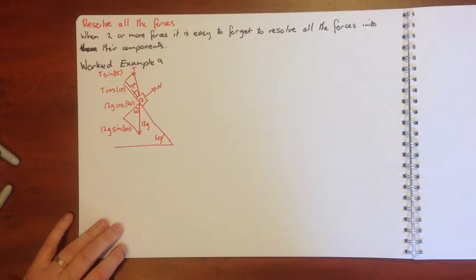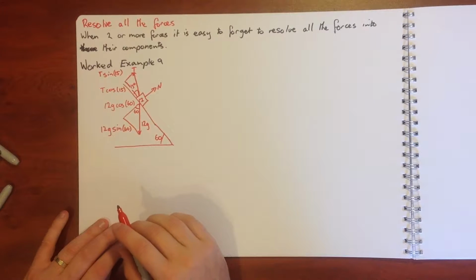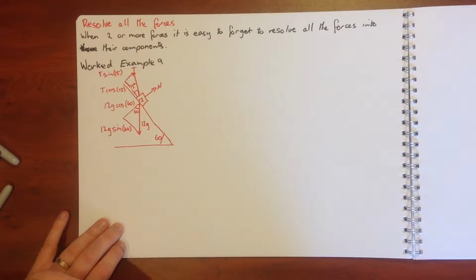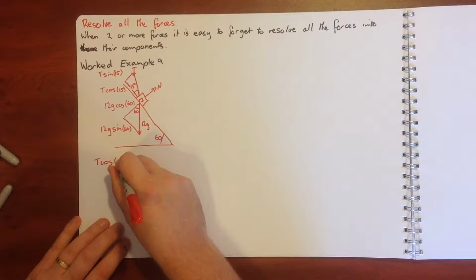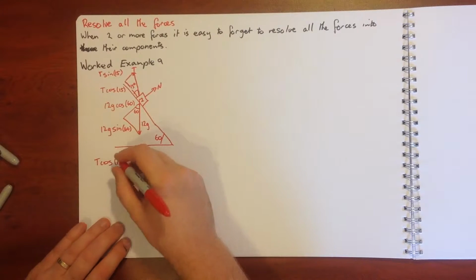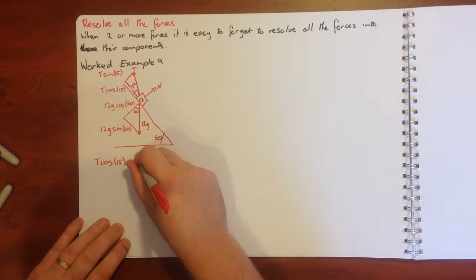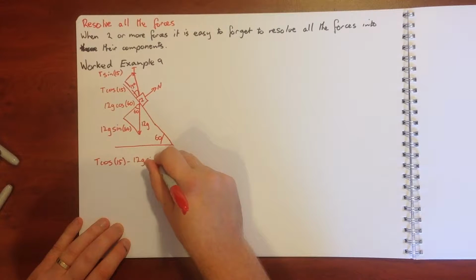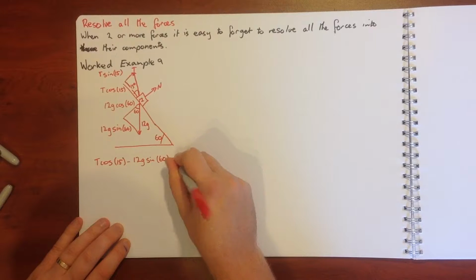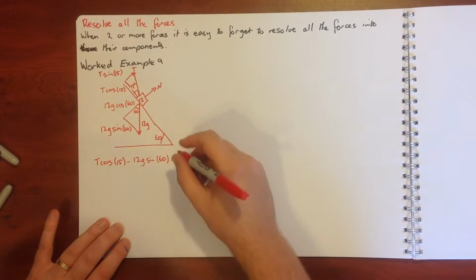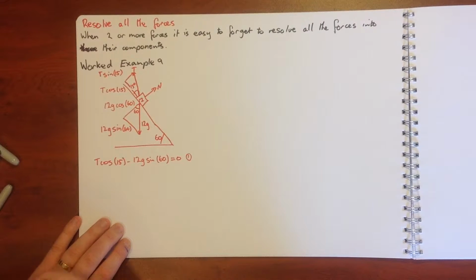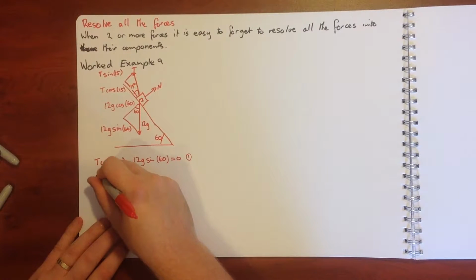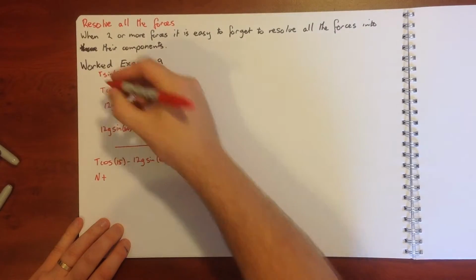So we need to resolve all the forces up the plane. So we're going to have our T cos of 15, take our 12G sine of 60 equaling 0. So that's going to be equation 1. For our normal force, we've got our normal plus this little T sine 15.